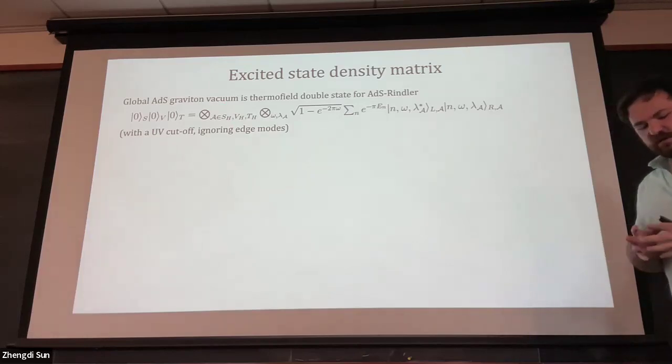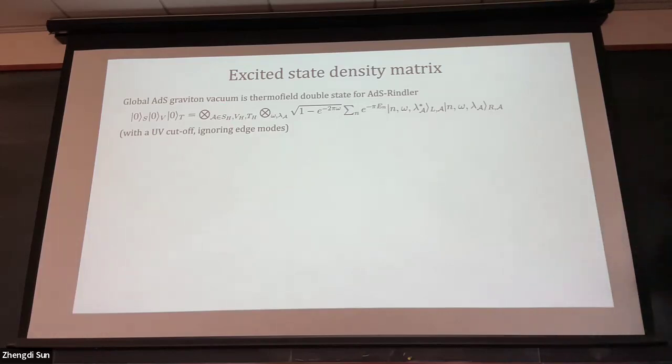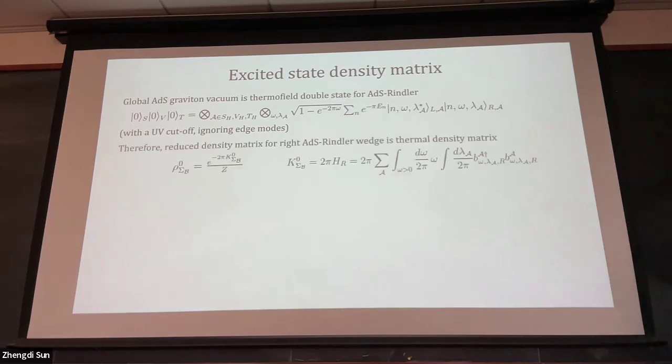So the Hilbert space in QFT never really factorizes. You have to put in some cutoff and then define this factorization. Okay, and here's the vacuum. It's just the thermal density matrix for Rindler. And so the vacuum modular Hamiltonian is just the Rindler Hamiltonian. It's given by a sum of omega times b dagger b, where omega is the Rindler frequencies. And there's a sum over, again, the scalar vector tensor modes.